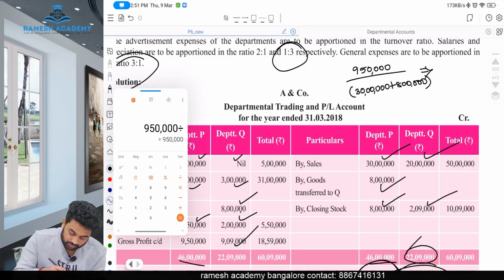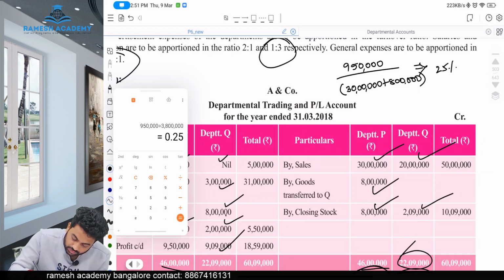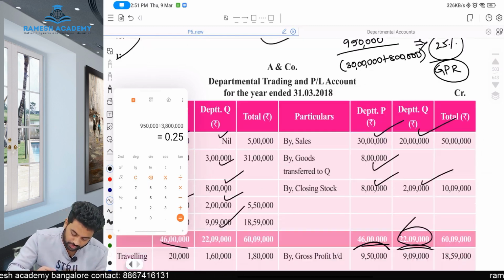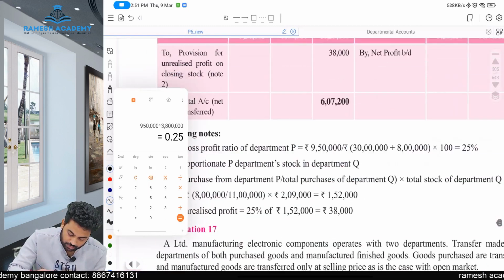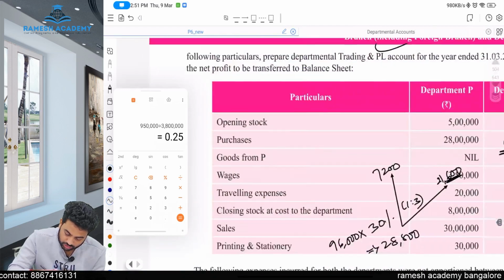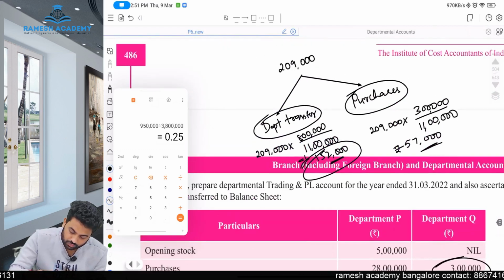Divided by 38 lakh, that is 25%. Gross profit ratio is 25%. So stock, how much did we compute? The stock we computed somewhere and kept, 152,000.